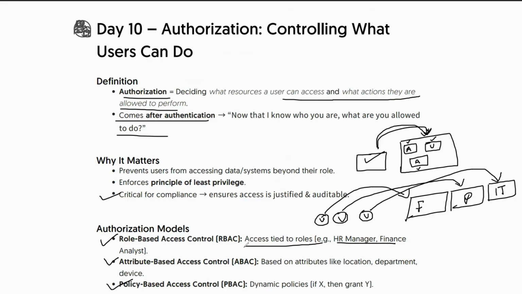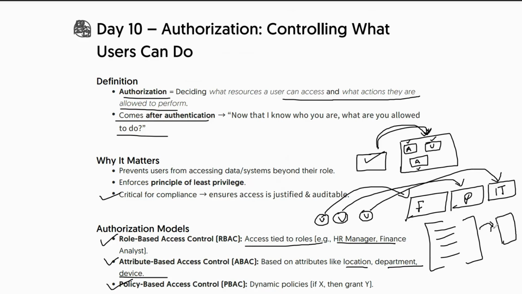But if I'm going a little bit more granular and saying, okay, let me not look at the roles, let me look at their location or department and the device that they are using, that is where I'm creating a combination of these attributes and then granting them access. For example, people who are in Hungary, if they join for the first time, there are certain sets of applications they'll be able to get.